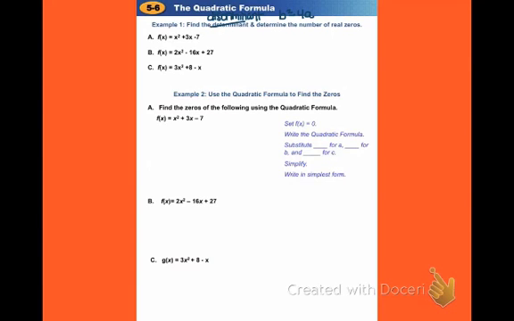So on A, this is in standard form, and our a is 1, our b is 3, and our c is negative 7. And so the discriminant, b squared minus 4ac, would be b, which is 3, so 3 squared, minus 4 times 1 times negative 7.